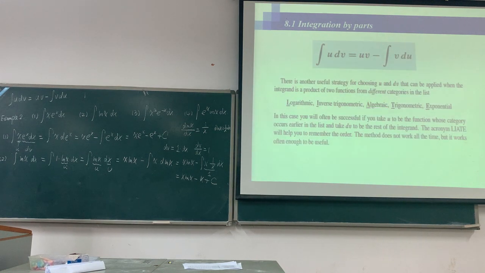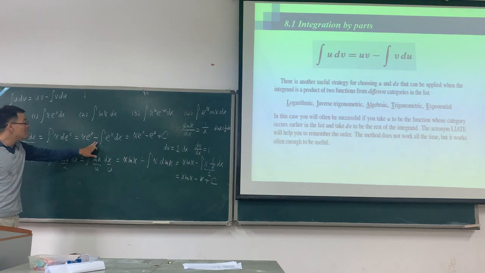So first we make it into the form u dv, then we make it u v minus the integral of v du.